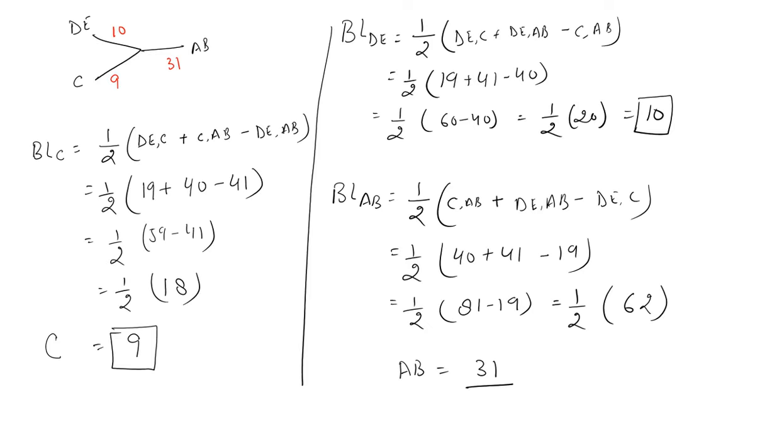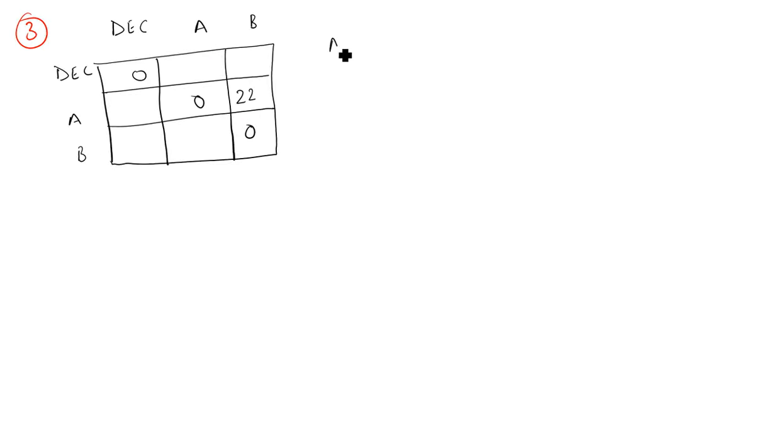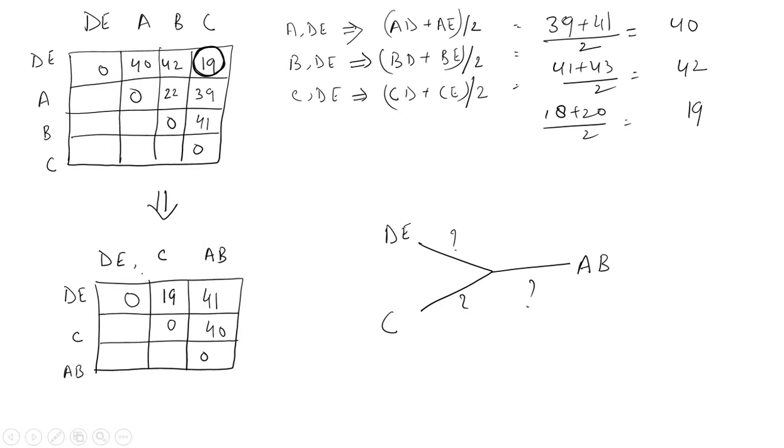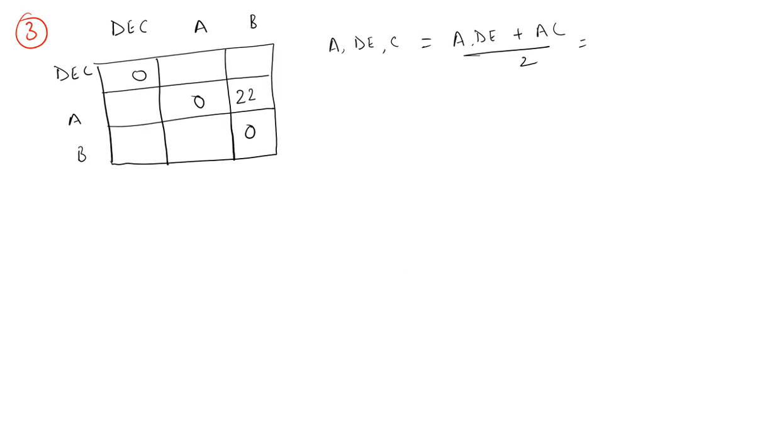So A comma DE comma C is ADE plus AC divided by 2. ADE is 40 and AC is 39. So 40 plus 39 divided by 2. It is 79 divided by 2, so it is 39.5.